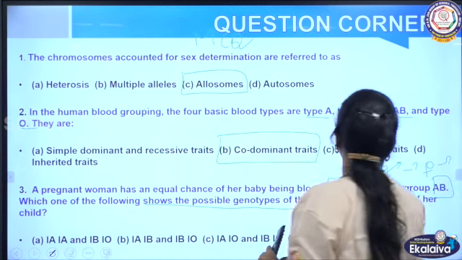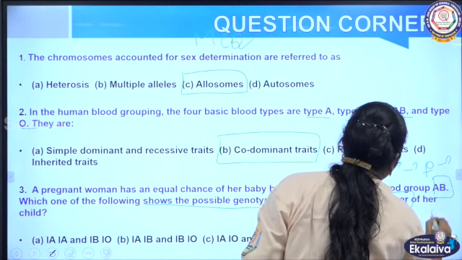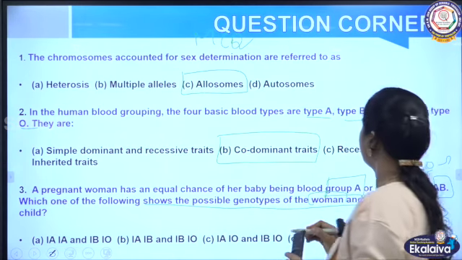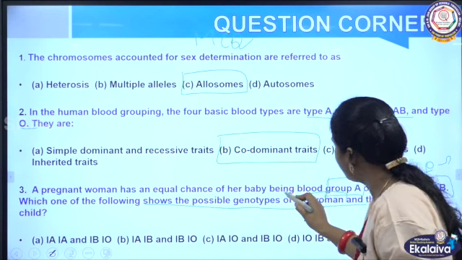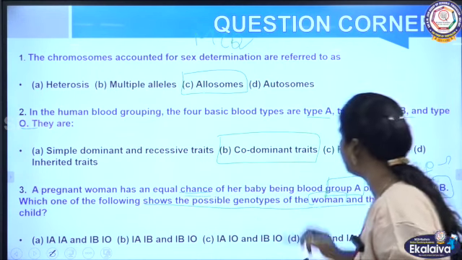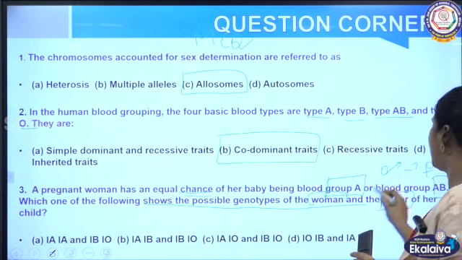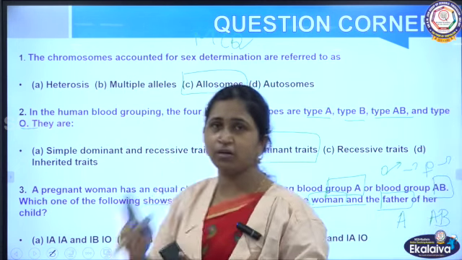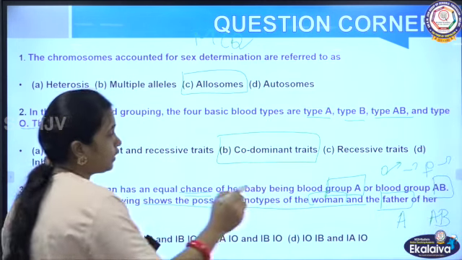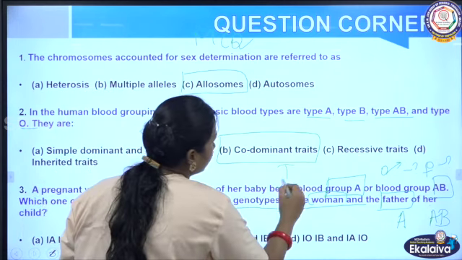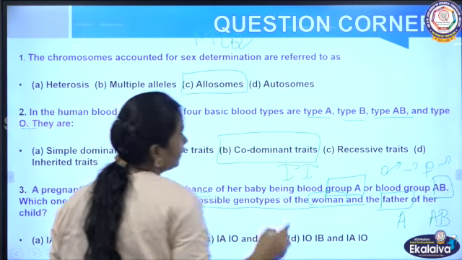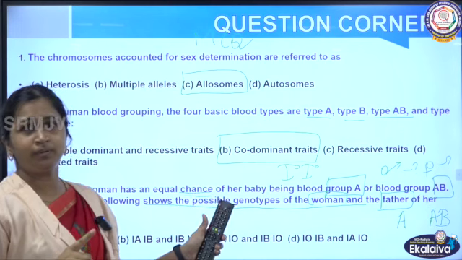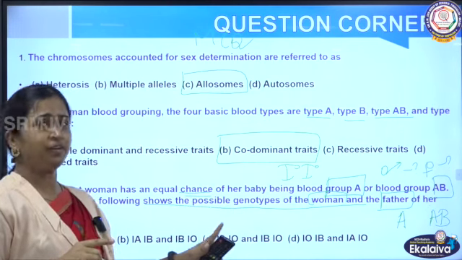So let us see now. A, AB. Equal chance of a baby. Note down the words equal chance of a baby being blood group A and blood group AB. So two things. Both are dominant. First thing you have to keep in mind, dominant. Then I^O is ruled out. None of them will have this O blood group, either the male or the female.